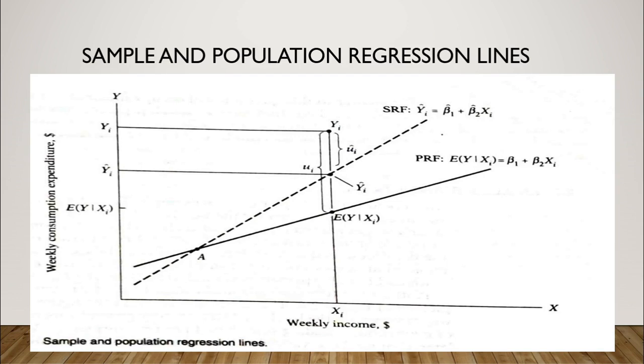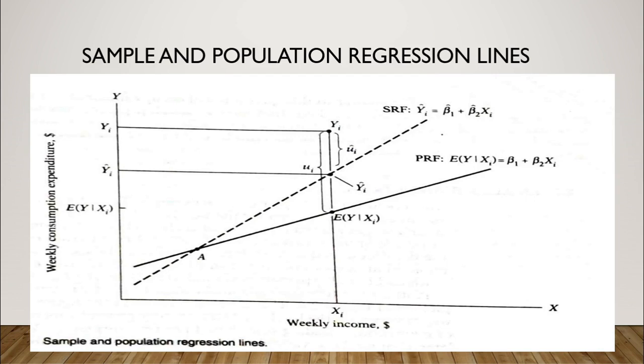Income is taken along the x-axis and consumption expenditure along the y-axis. You can see that the actual observation of y, denoted by yi, is different from both yi hat and the expected value of y given xi.